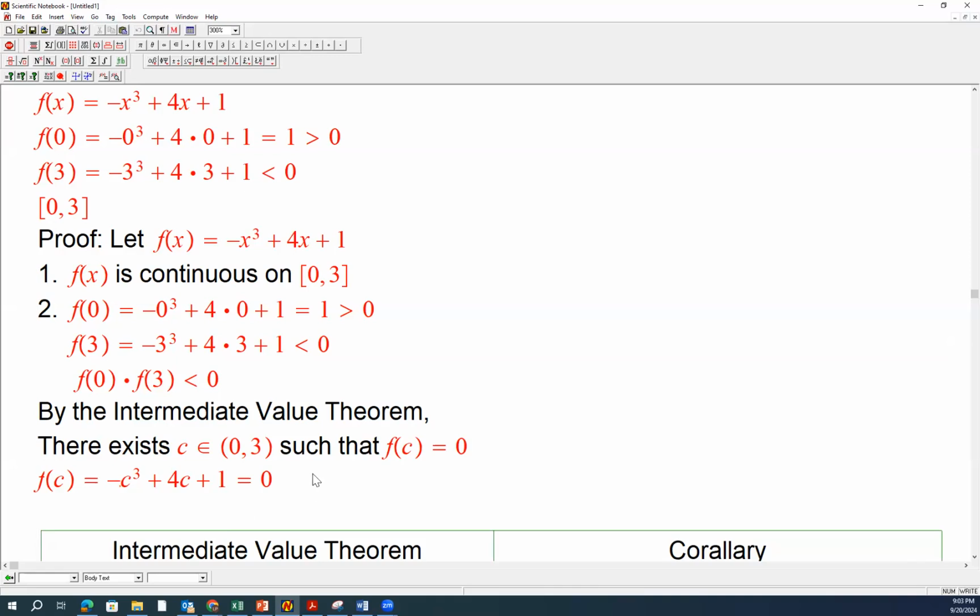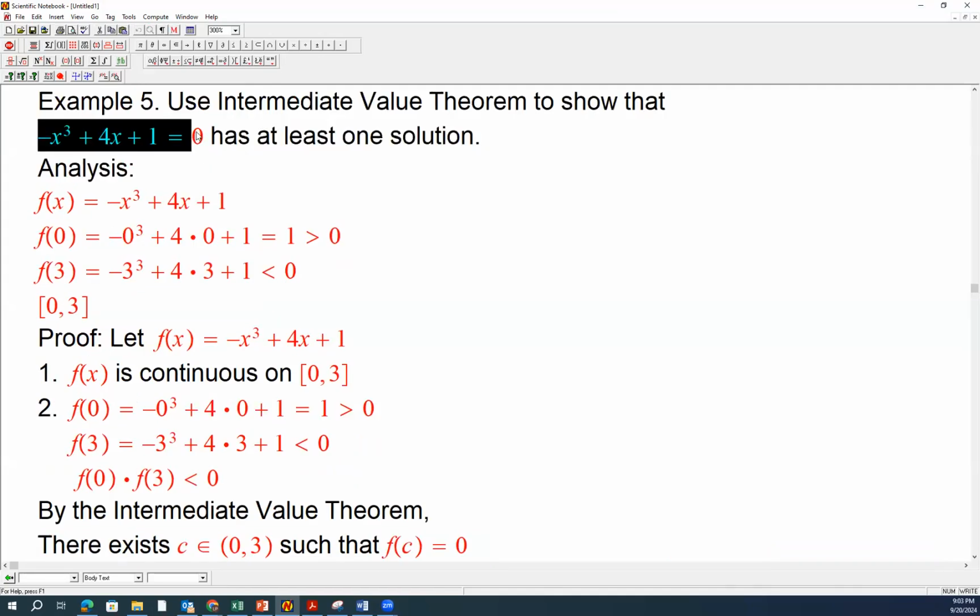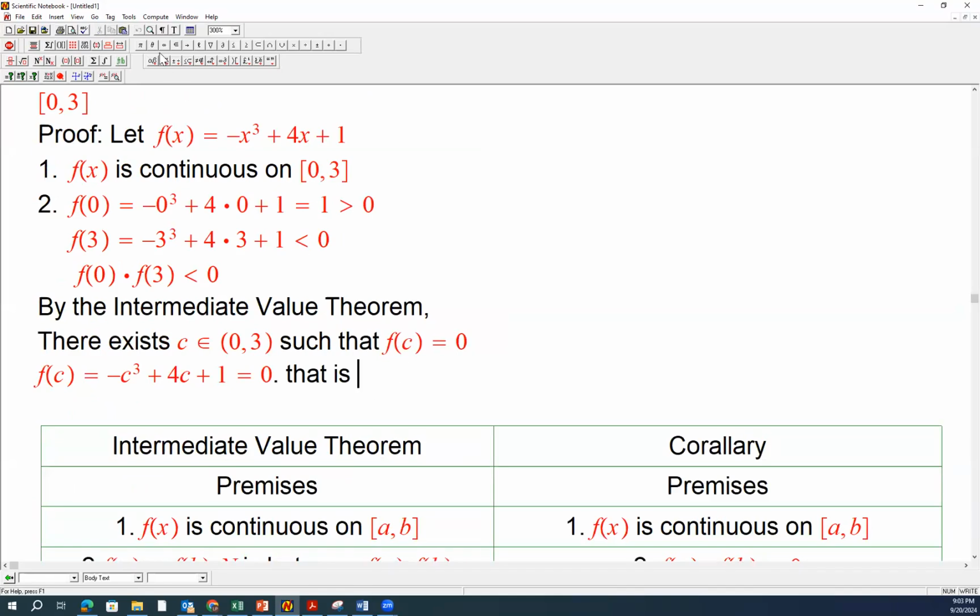right? If you like to be more elegant, you can say, i.e., that the equation has at least one solution, as is stated in the question itself.